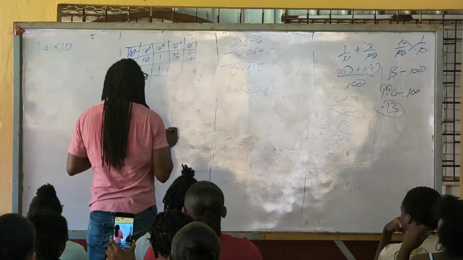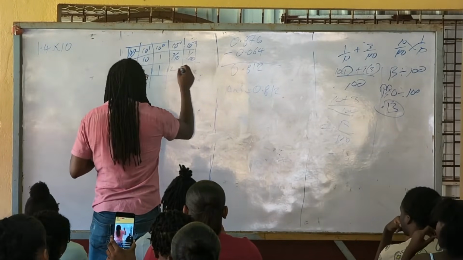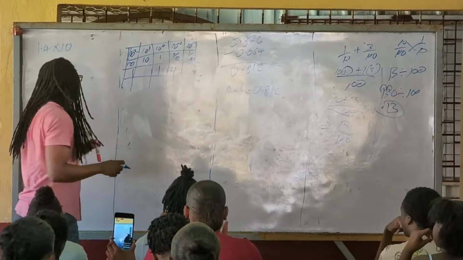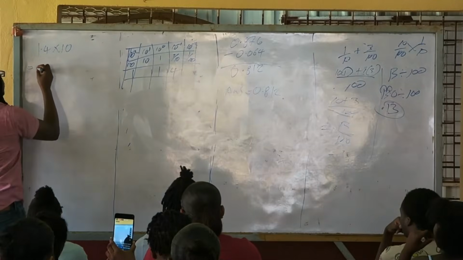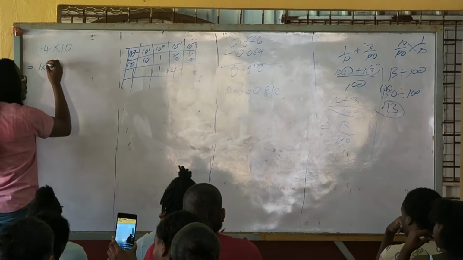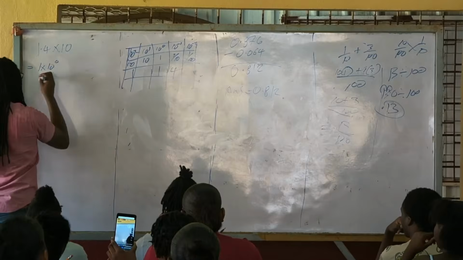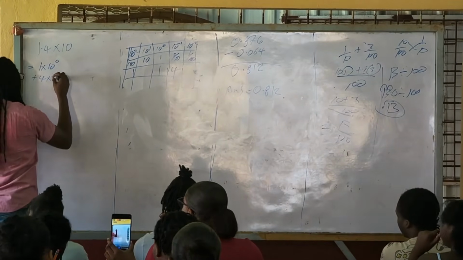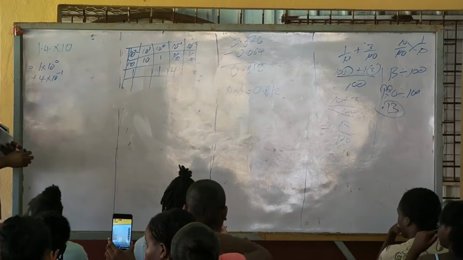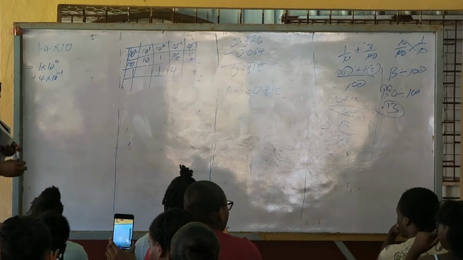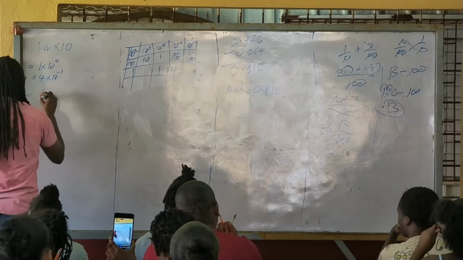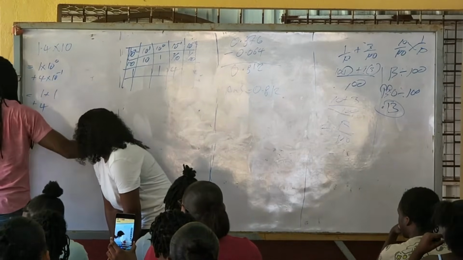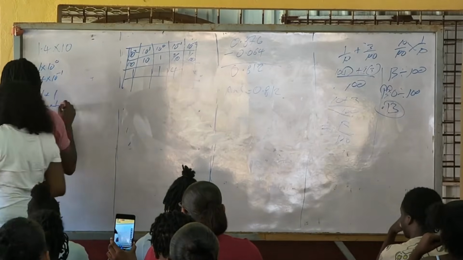How many 1 over 10s do we have? So this is 1.4 on the table. Everybody see that? So that means this is actually equal to 1 times 10 to the 0 plus 4 times 10 to the minus 1. Which is equal to 1 times 1 plus 4 times 1 over 10.